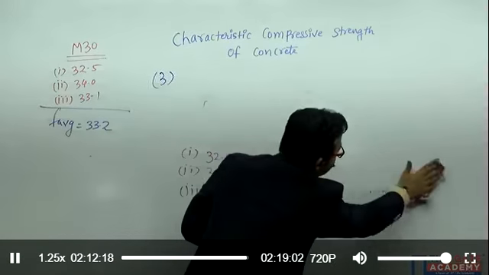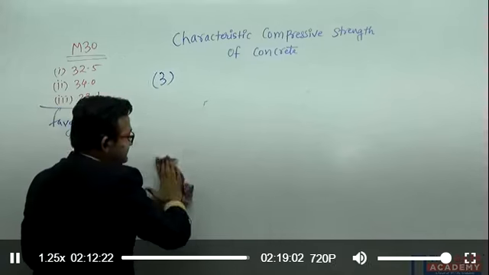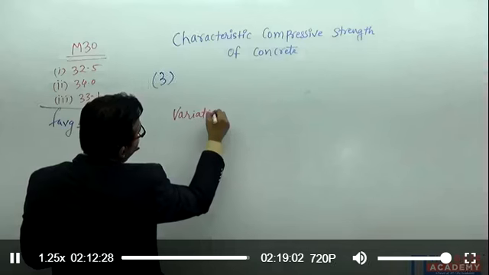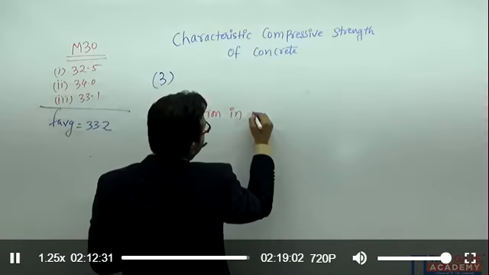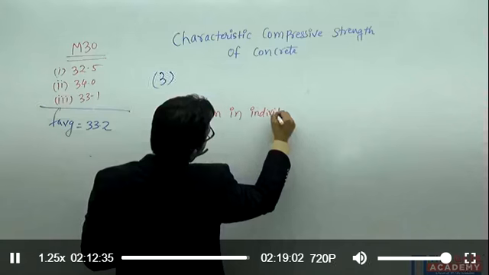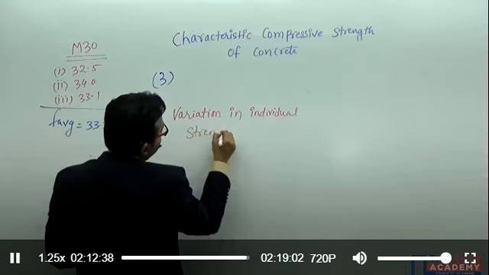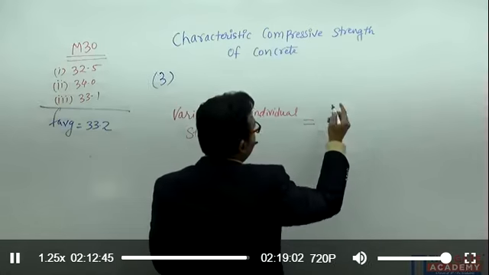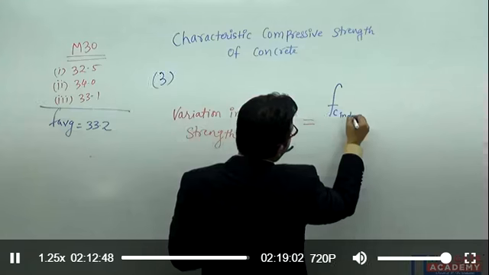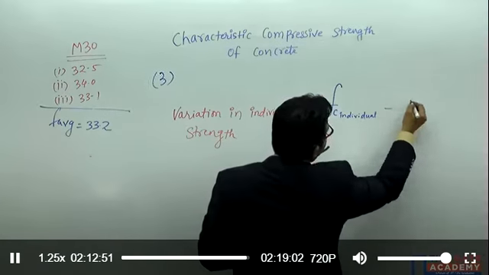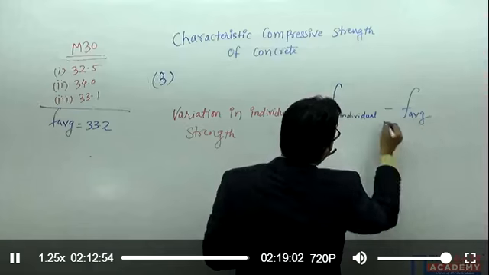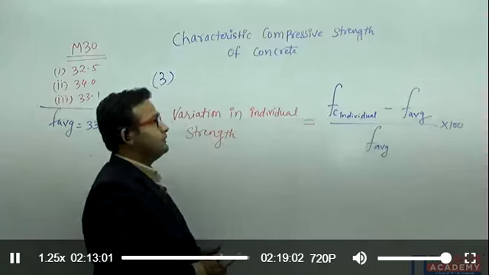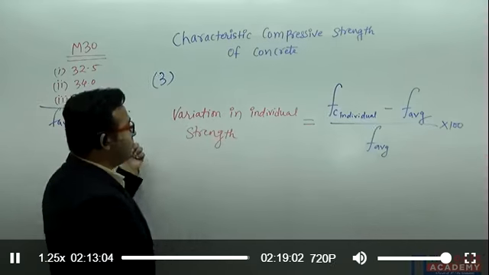I know the formula: variation in individual strength equals (fc individual minus fc average) divided by f average, into 100. Let's calculate one by one for all the cubes.